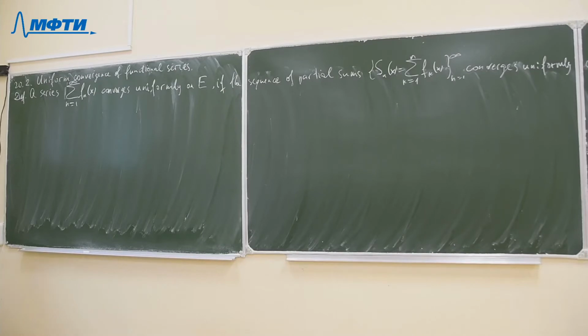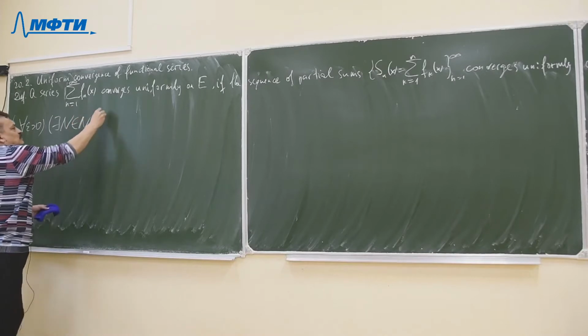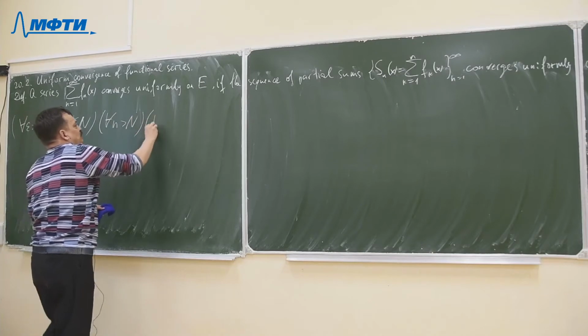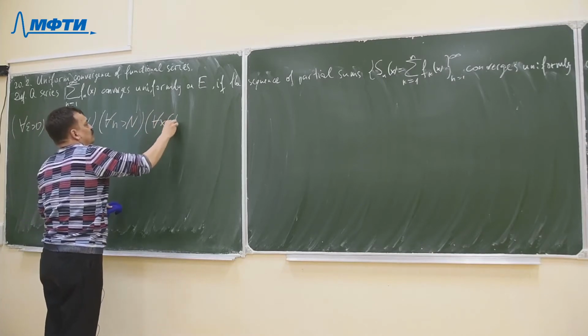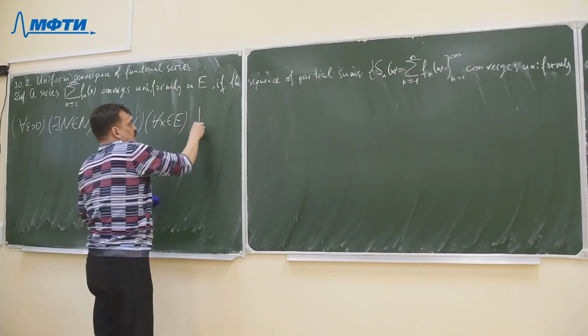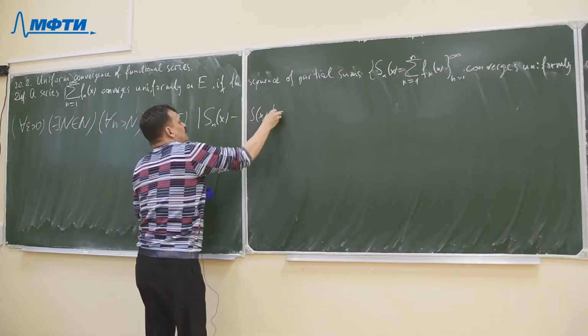So, in terms of quantifiers, that is, for arbitrary epsilon greater than 0, there exists a natural capital N such that for all n greater than this capital N, for all x in E, we have convergence of Sn, that is, Sn of x minus S of x less than epsilon.